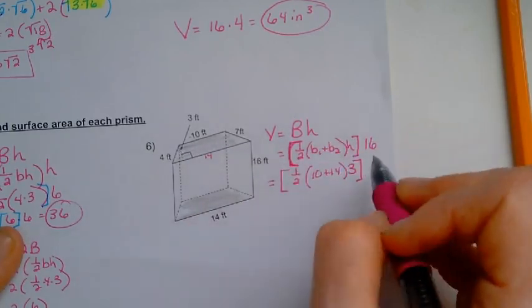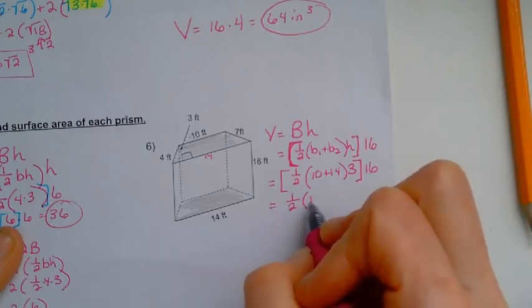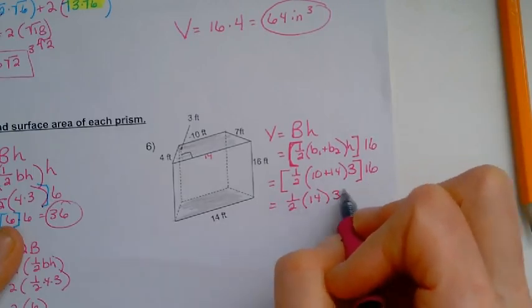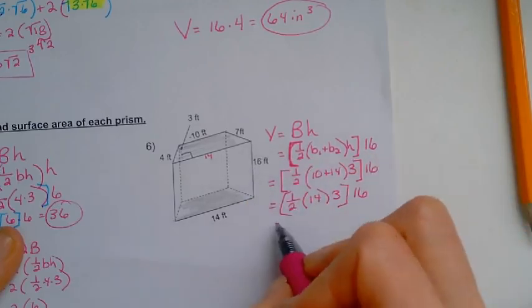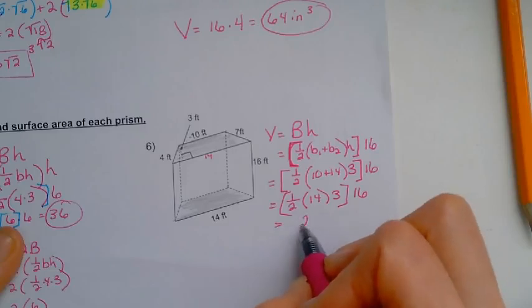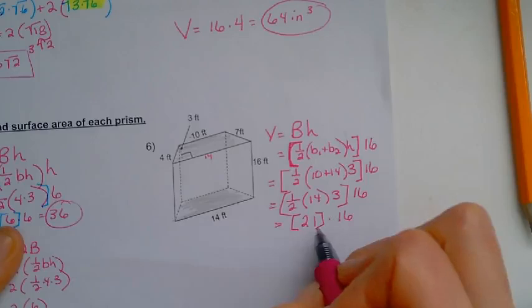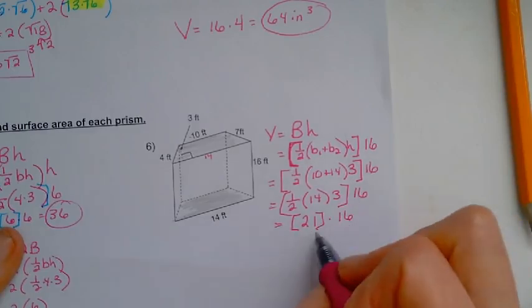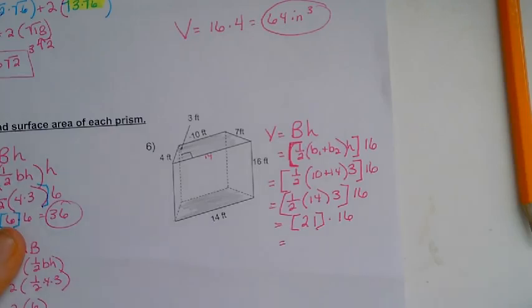So this is 1/2 times 14 times 3. That's still our area, all times the distance between them. That's 7 times 3, that's 21 times 16. And I'm keeping this in parentheses for a reason. I'll show you why in a minute. All right, so 21 times 16, and I'm going to use a calculator for that. That's 336.